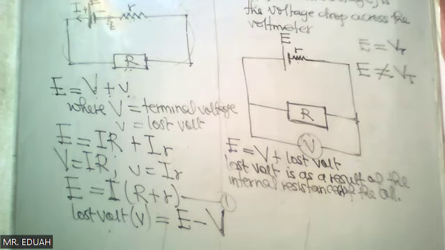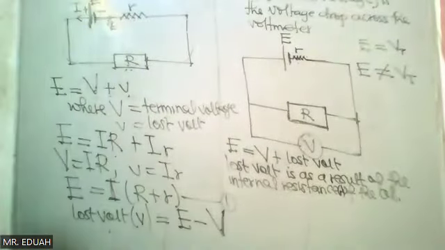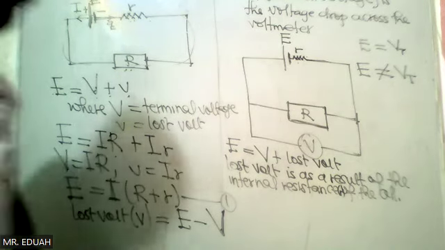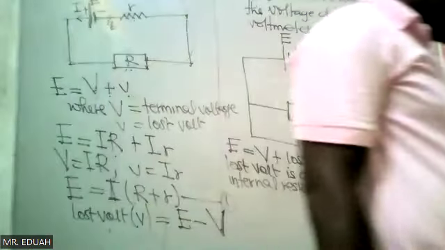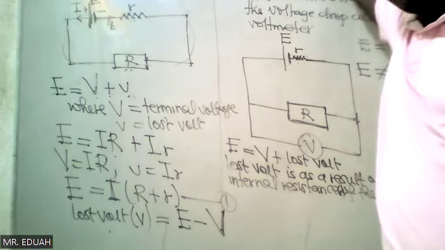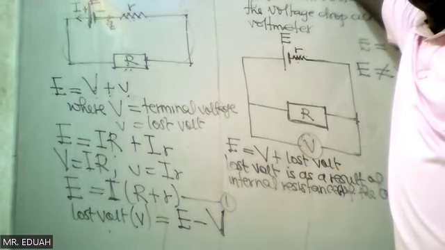Mr. Bia, hello. Please can you redefine the EMF? The EMF of a cell is defined as the work done in carrying a unit charge, and a unit charge means 1 coulomb, from the lower potential of a cell or battery to the higher potential.